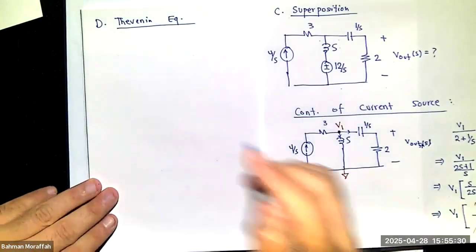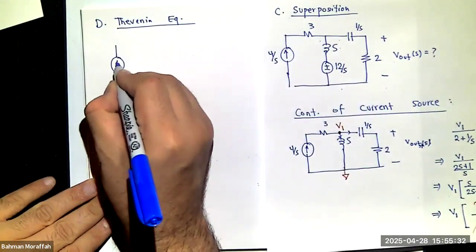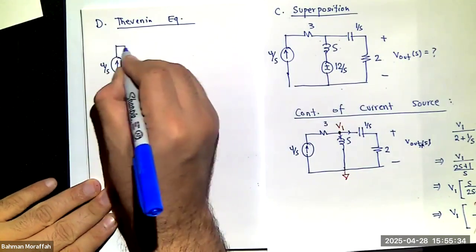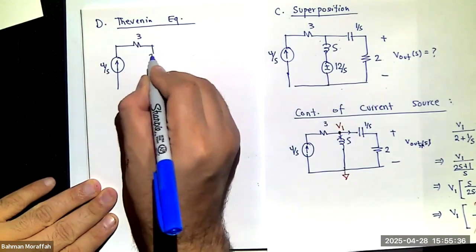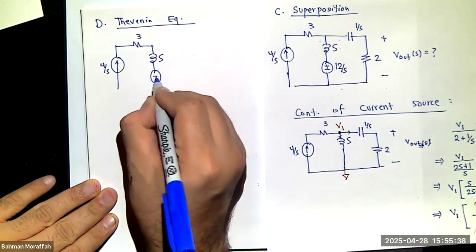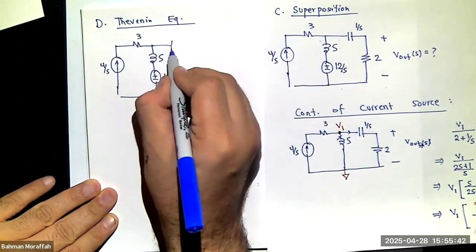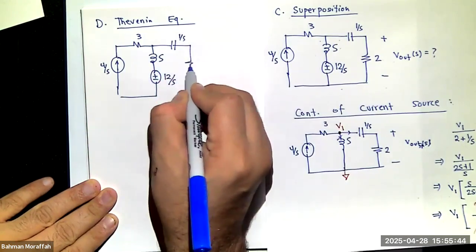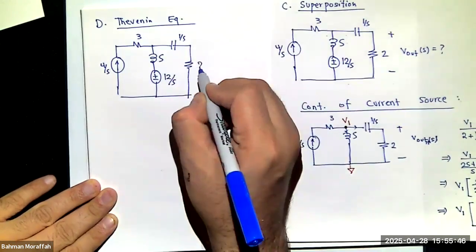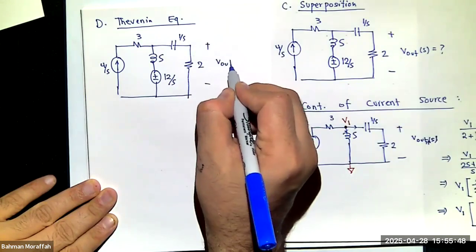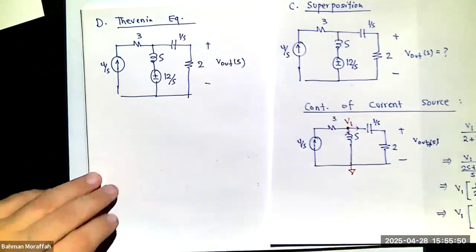Again, remember my circuit looks like this. S, 12 over S, 1 over S, 2.